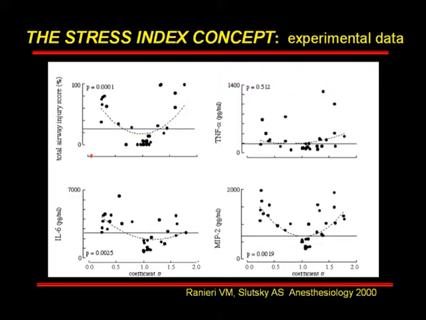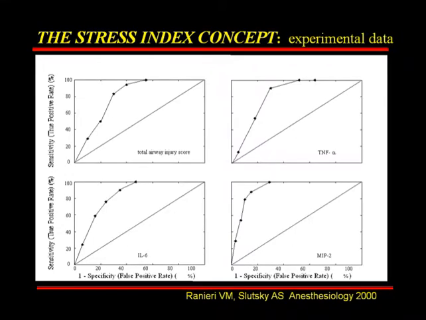When the animals were ventilated with a stress index lower or higher than 1, there was an increase in the markers of ventilator-induced lung injury. And if we wanted to assess the sensitivity and specificity of this test to detect the presence of ventilator-induced lung injury, we obtained a quite high sensitivity and a reasonable specificity.